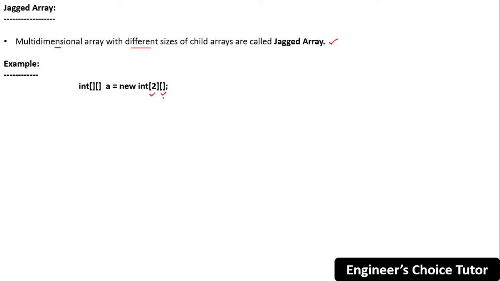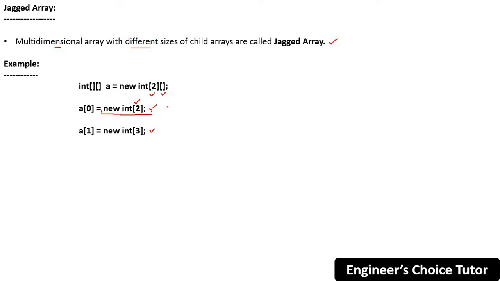Child size is missing. So what do you have to do? In this case, you have to pass the array object. You have to pass the array object like this. For example, my first child array should have size 2. So how to create? New int[2].